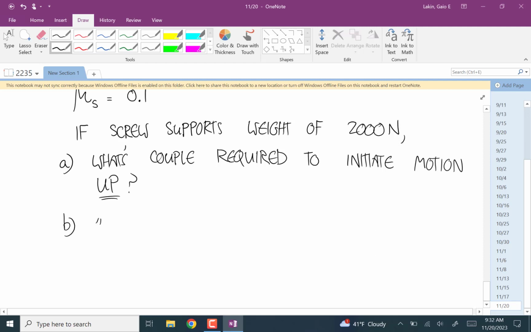And second, what's the couple required to initiate motion down?